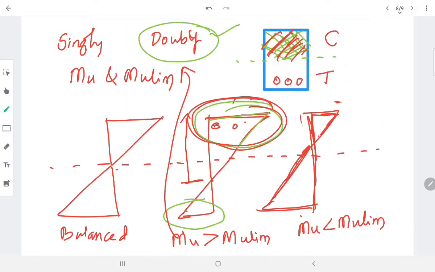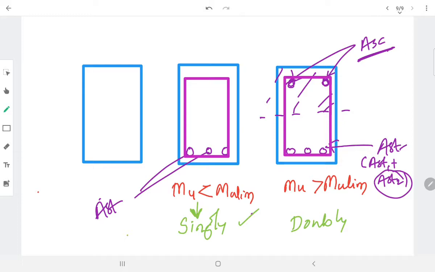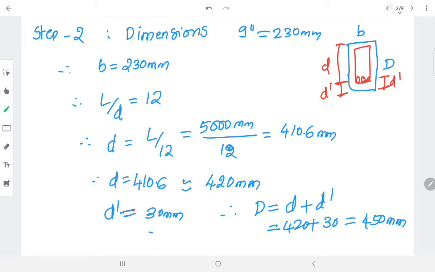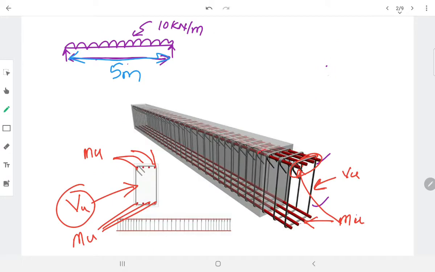And one thing you may ask: in a singly reinforced beam, will you provide only longitudinal reinforcement at the bottom? Obviously yes, only bottom reinforcement is required. But you need to hang these stirrups. You are not supposed to make them open. There should be a proper fixing of the shear reinforcement.